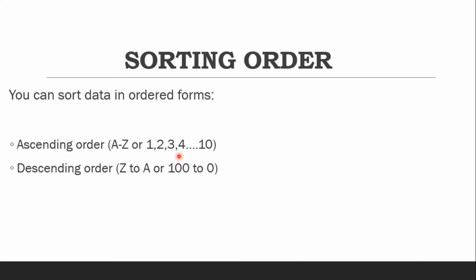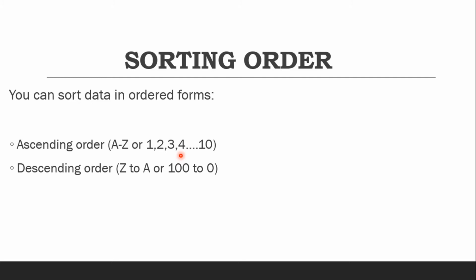Or if it's numbers you're dealing with, you want to start from 1, 2, 3, 4, 10, 15, 20, 30, 40, just like that. You have that pattern of ascending order. So it's starting from the beginning to the end.